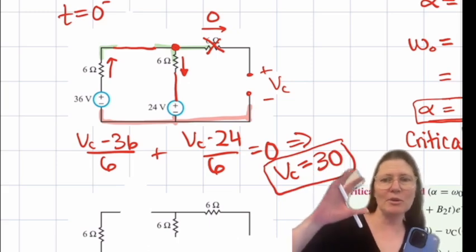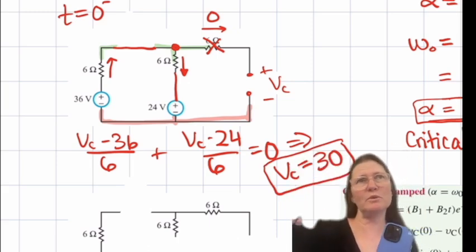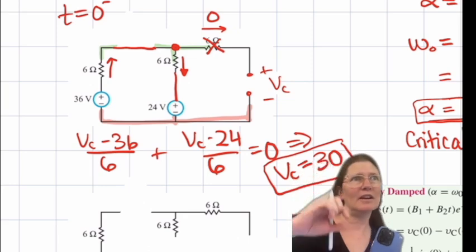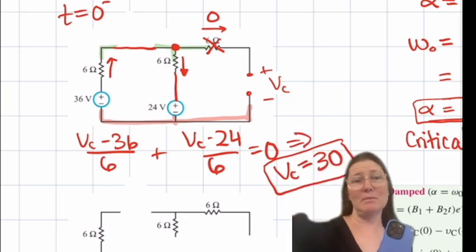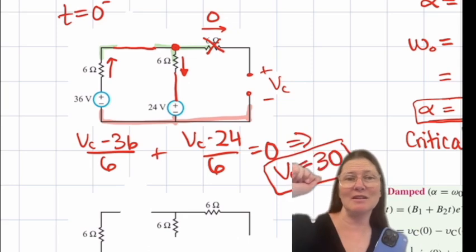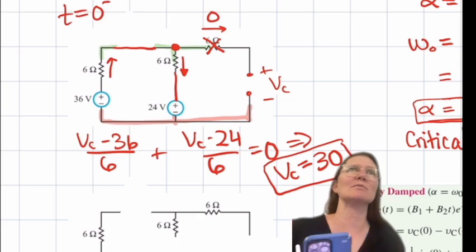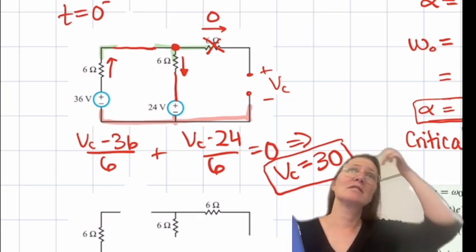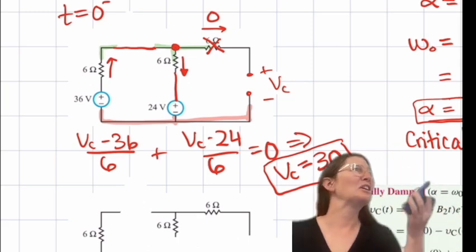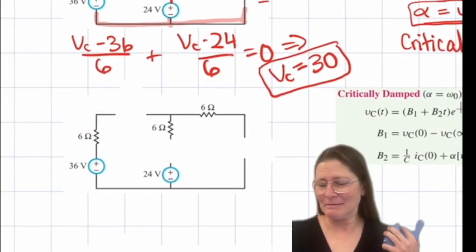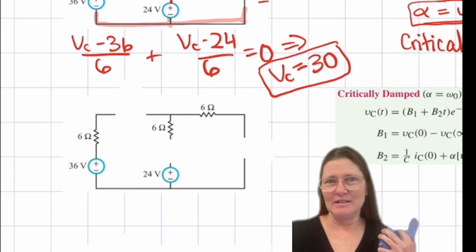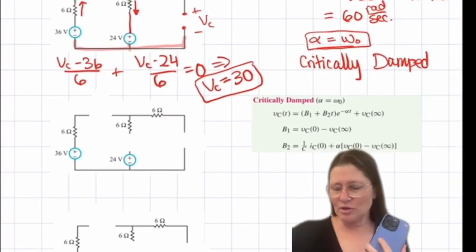Or I can label the I and do a loop and solve for I, and then do 36 minus I times 6, or plus 24 plus I times 6. Either way. I like to just write the one equation. So VC is 30.